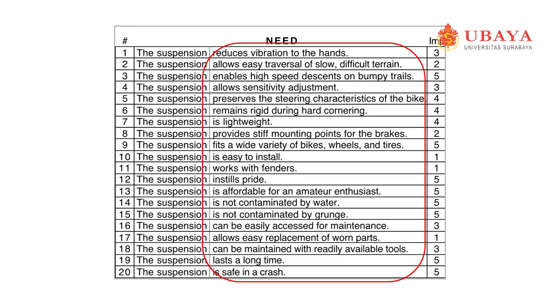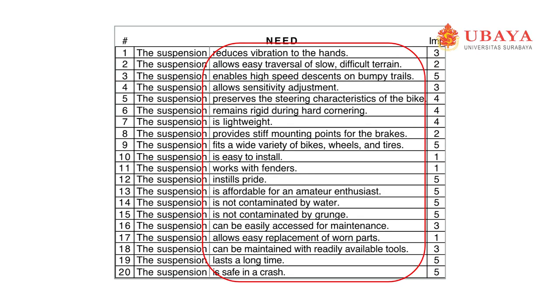Okay, and the rest, I think you can see by yourself on the slides. There are 20 customer needs, and on the right, you can see the importance level. We use a scale from 1 to 5.